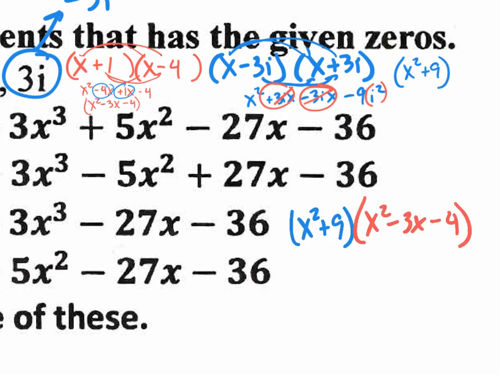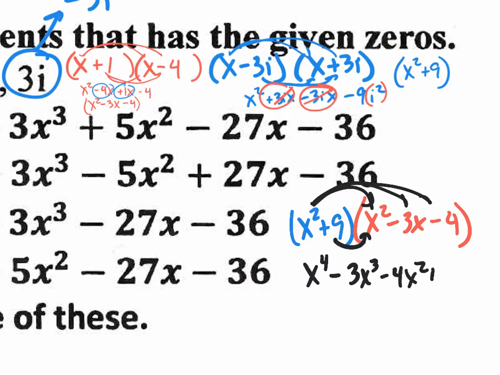So right here we distribute. x squared times x squared is x to the 4th. X squared times -3x is -3x to the 3rd. X squared times -4 is -4x squared. 9 times x squared, that's positive 9x squared. 9 times -3x is -27x. And 9 times -4 is -36. Out of all those terms, you could only combine the -4x squared with the positive 9x squared, and you'll get 5x squared.